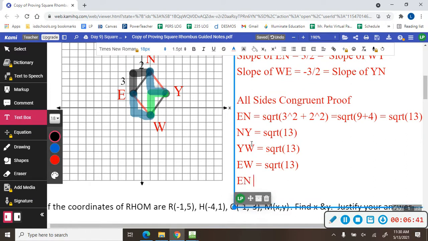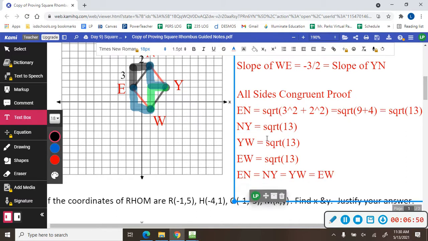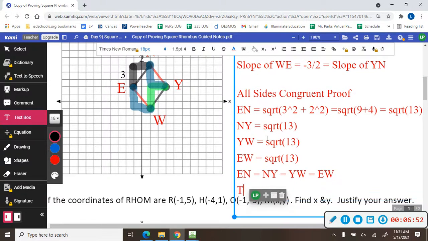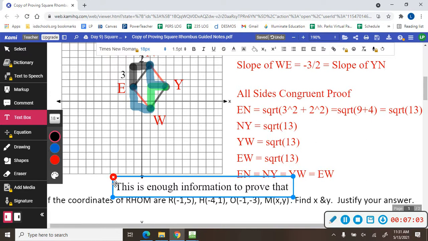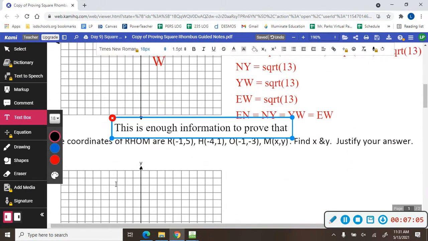So EN is equal to NY is equal to YW is equal to EW. So this is enough information to prove that NEWY is a rhombus.